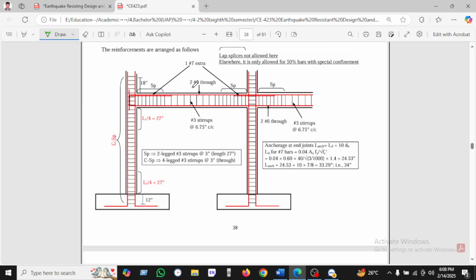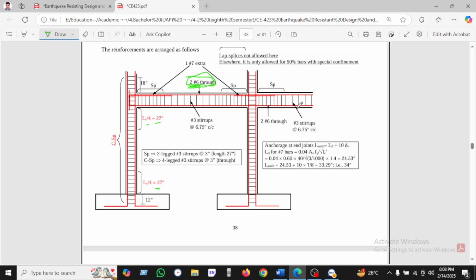We are changing this reinforcement: at the beginning it was 2 of number 5 bars, but now we are using 2 number 6 bars. This is the 18 inch spacing, and this is LC divided by 4, which is 27.